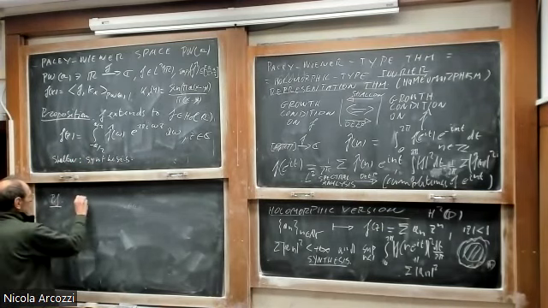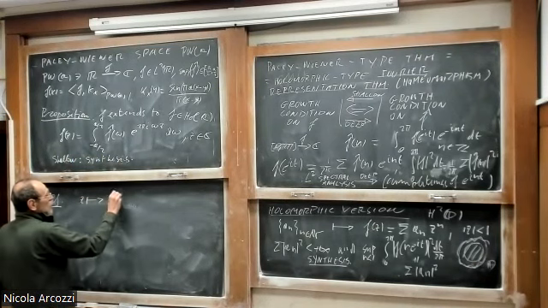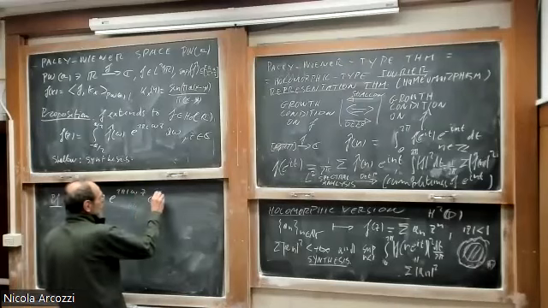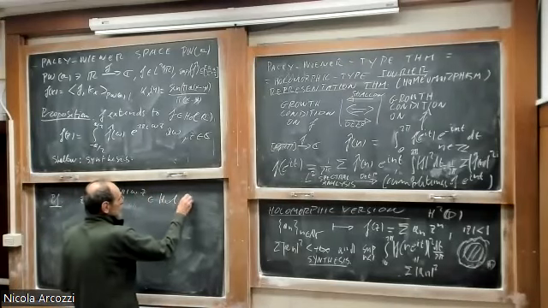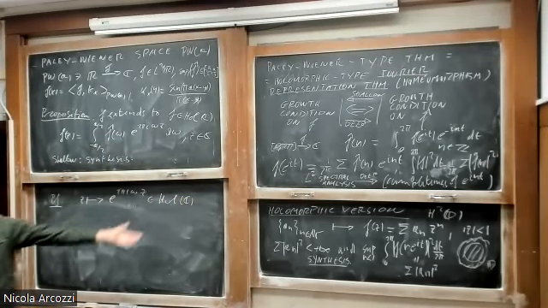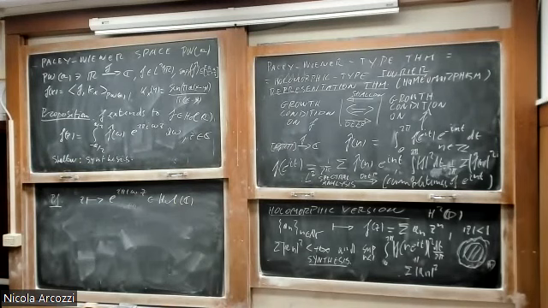The idea is that the function e to the 2 pi i omega z is holomorphic. So this is like a linear combination of holomorphic functions, so it is holomorphic. Of course, you have to prove convergence in some kind.